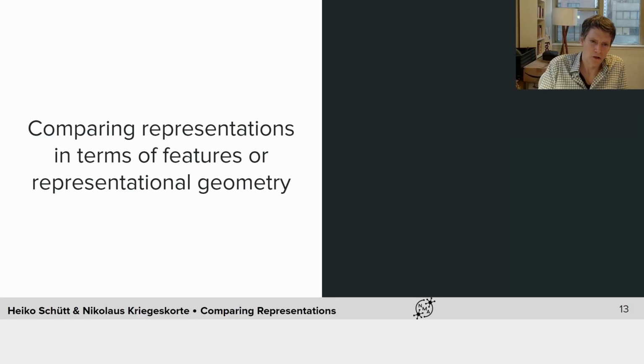All right, let's talk about comparing representations in terms of features or representational geometry. So we're going to talk about two approaches to comparing representations. Both of these are very important in computational neuroscience.